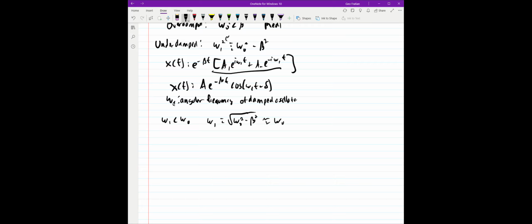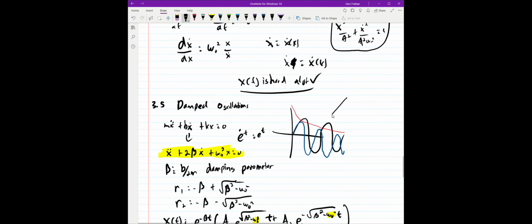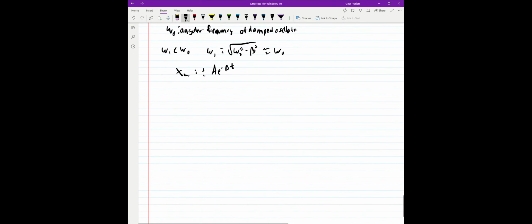Now the maximum amplitude that we can get is x max equal to plus or minus a e to the negative beta t, because we have this decaying exponential right here. That's actually what I drew in red over here. I kind of cheated because I knew the answer.